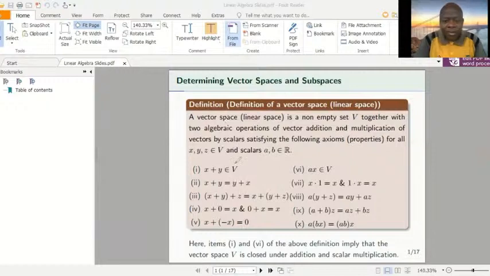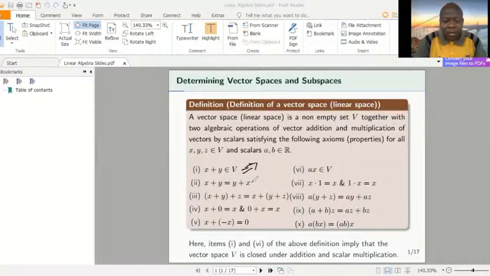And the first property is that of closure. Now, what you notice is that the first 5 properties are the properties of vector addition. So this one is that of closure, that if you pick any 2 elements in the set, the sum of those 2 elements must be a member of that set V.